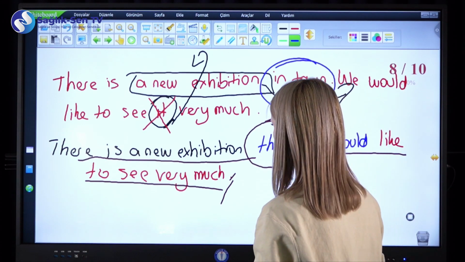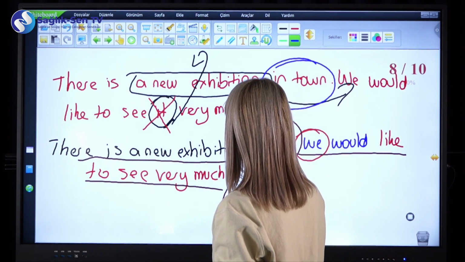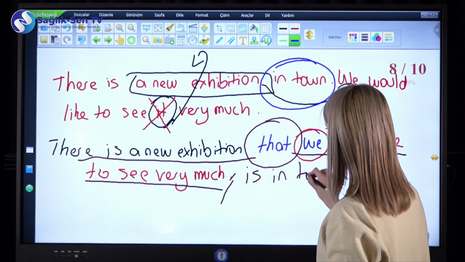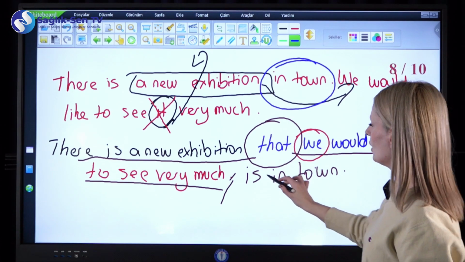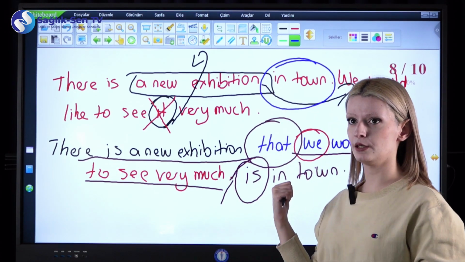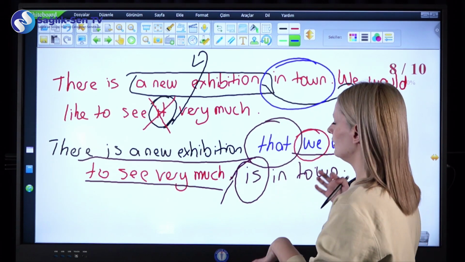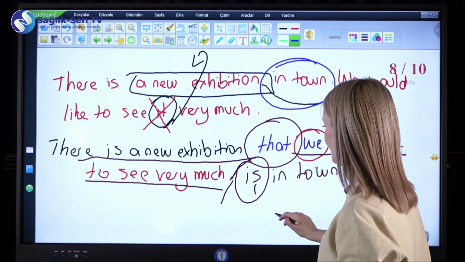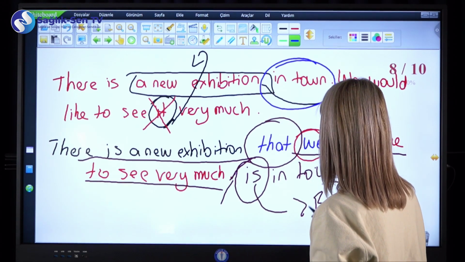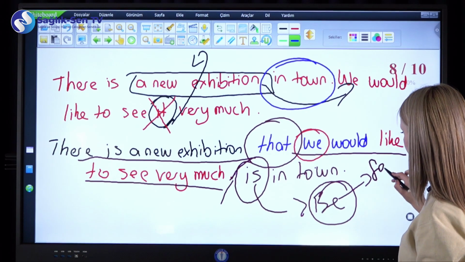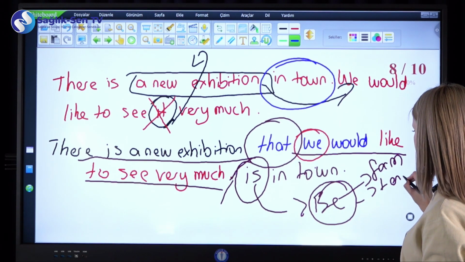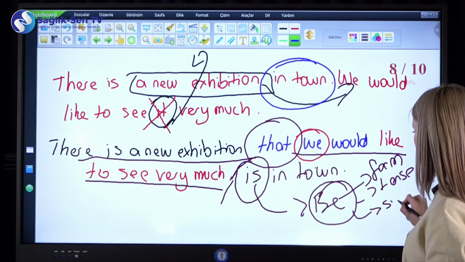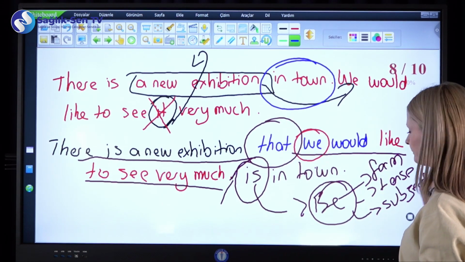To see very much is in town. So again, like the other example we have given, we have to add a be form in harmony with our tense and our subjects.